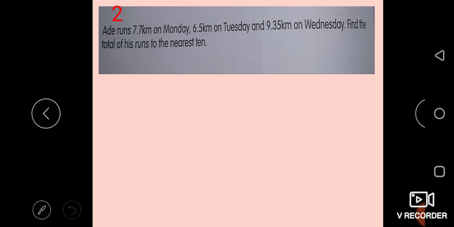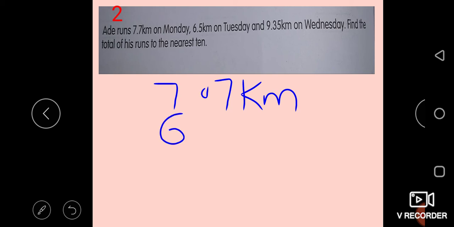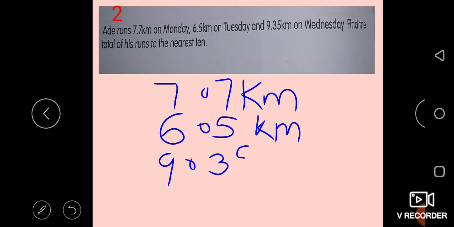Let's take another example of a word problem. Ade runs 7.7 kilometers on Monday, 6.5 kilometers on Tuesday, and 9.35 kilometers on Wednesday.